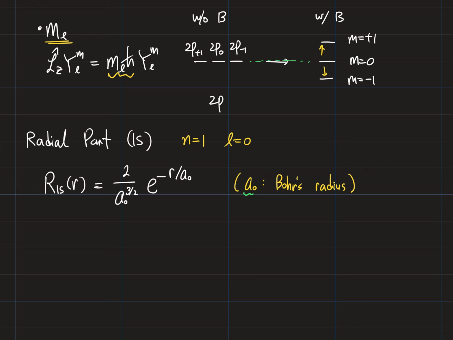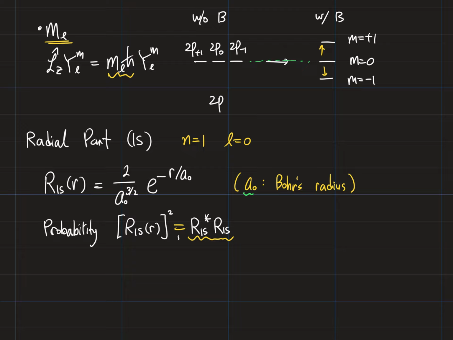So you can play with this. If you want to calculate the probability of finding the electron in some specific region of 1s orbital, then you can take the square of the 1s orbital. Originally in quantum mechanics textbook, you always have to multiply the complex conjugate and itself.